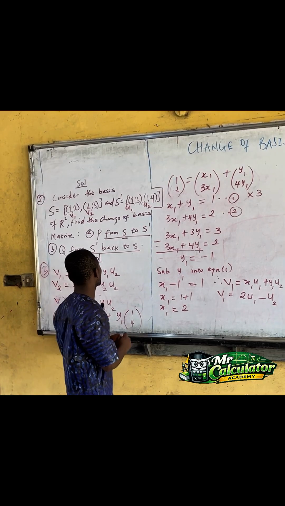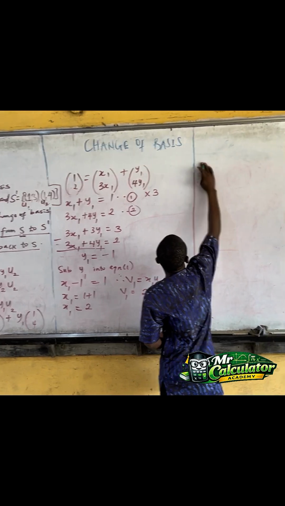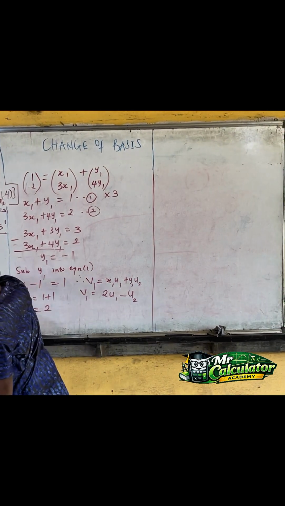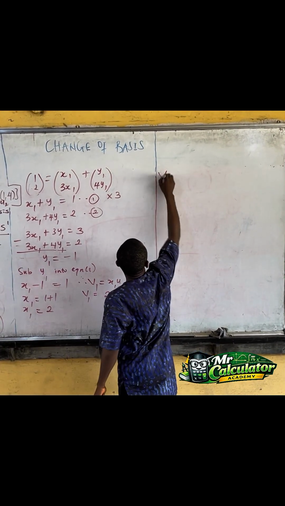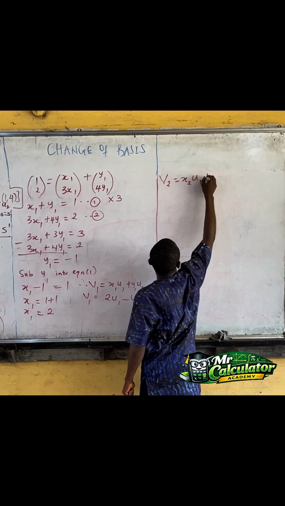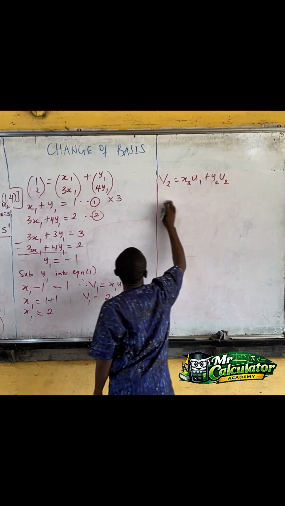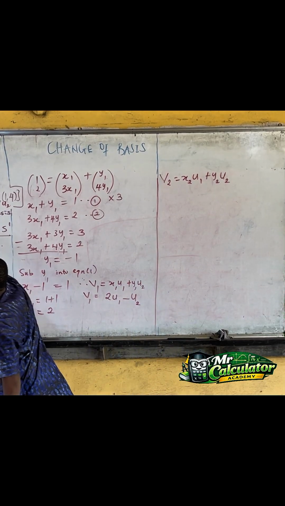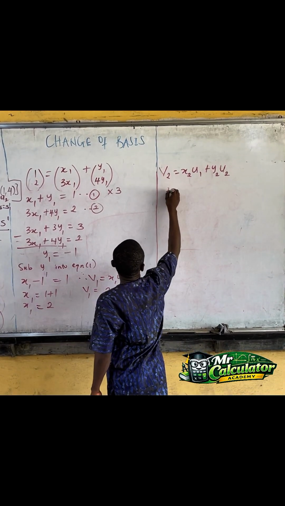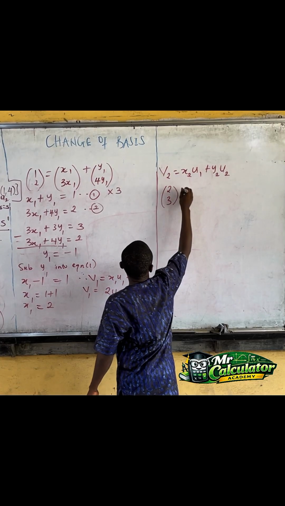Which means for V2, it will now be what? Let me write V2 first. V2 equal to X2 U1 plus Y2 U2. Now, what is my V2? 2 and 3 in column, not in row, so that it can be fast.